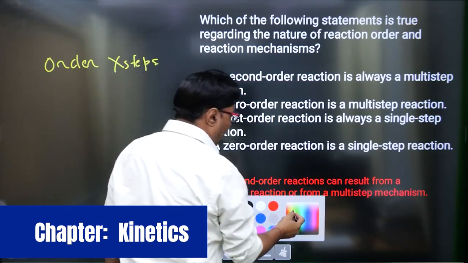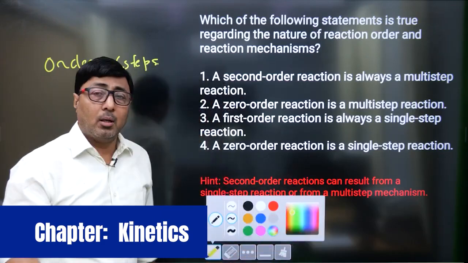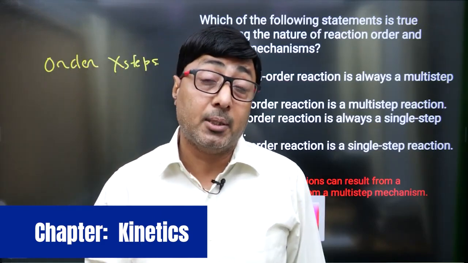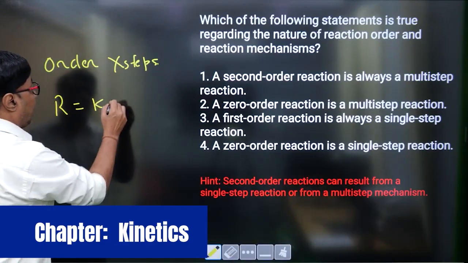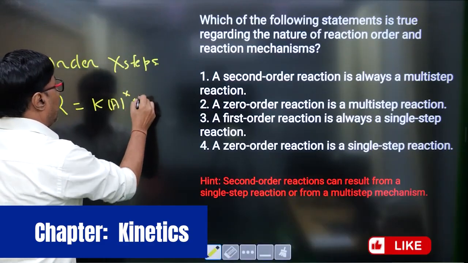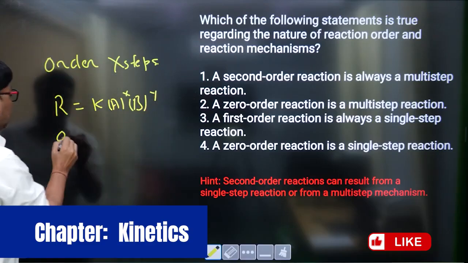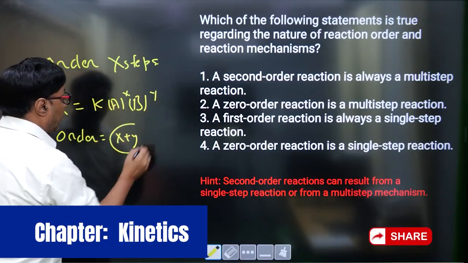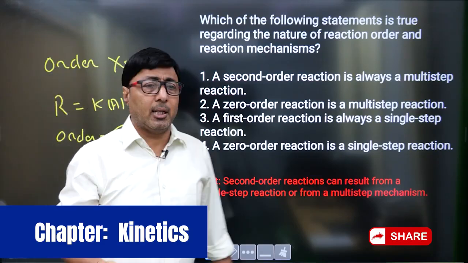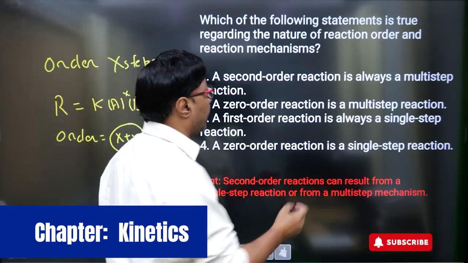There is no relation at all between the order of the reaction and the number of steps. Order simply depends on, suppose R is K A raised to power x, B raised to power y, so order is only x plus y. It doesn't depend on whether it's a single step or multi-step reaction.